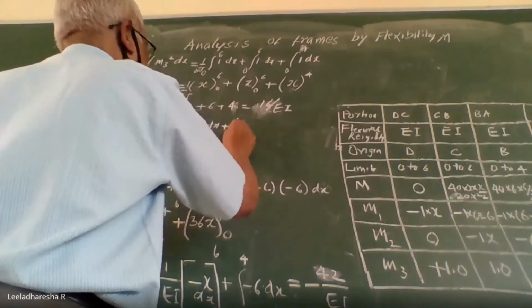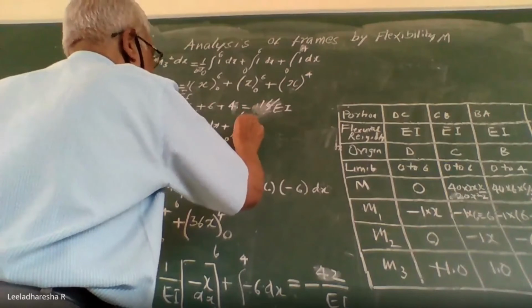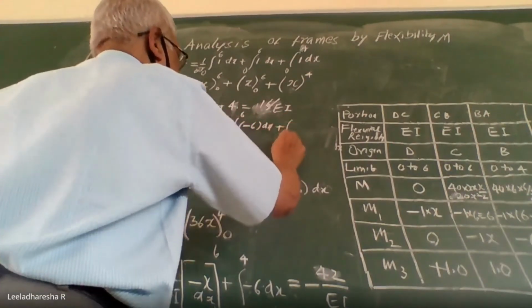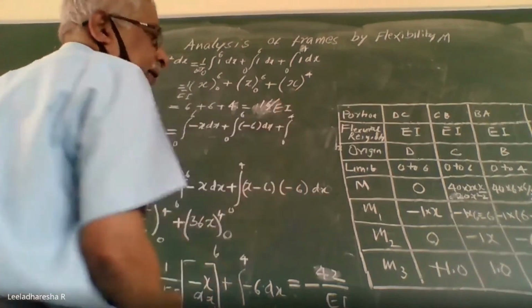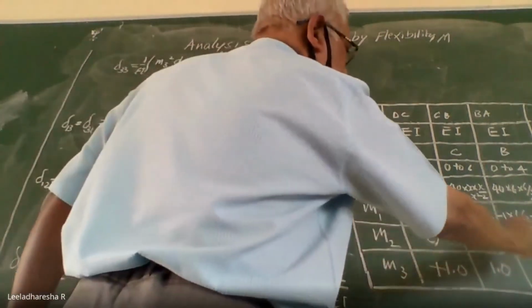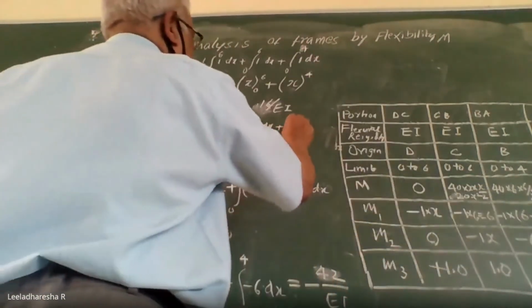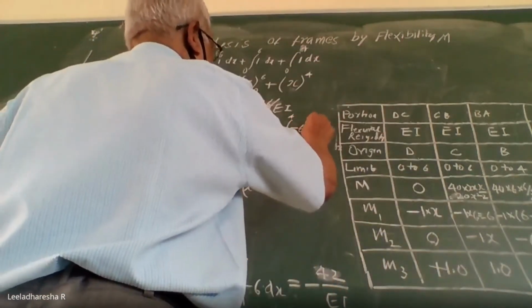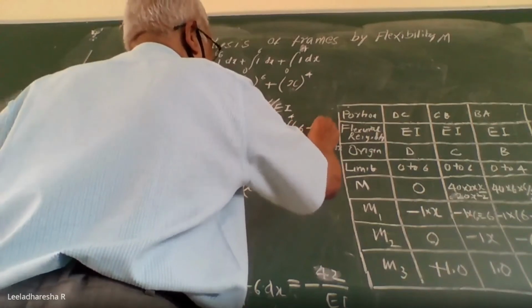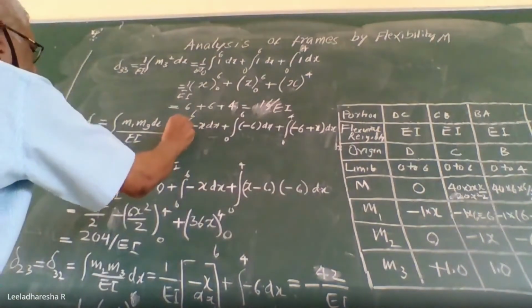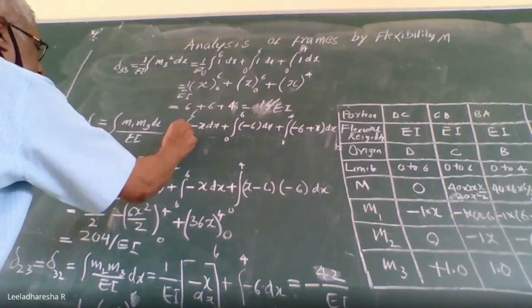So 0 to 6 minus 6 into dx plus 0 to 4 minus 6 plus x into dx. So as I told you, 1 by EI, you can keep it.